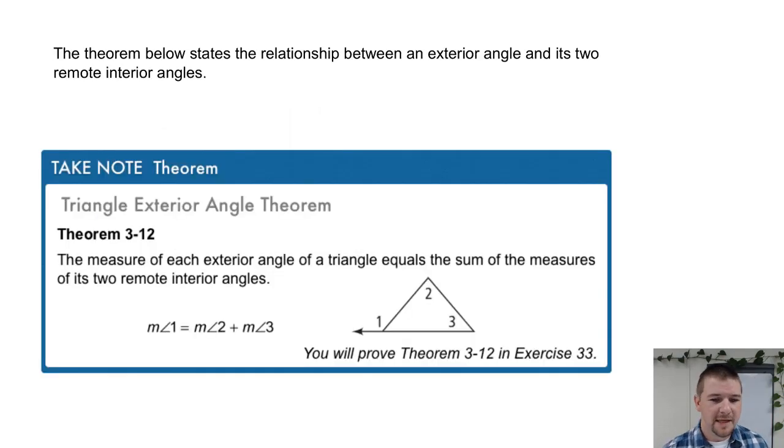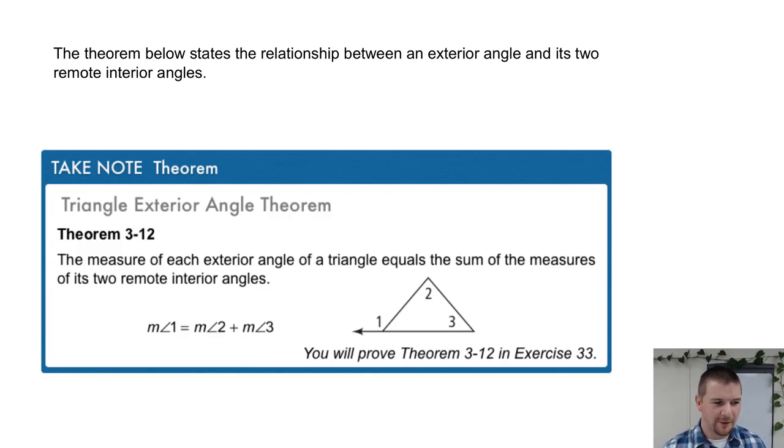The theorem below states the relationship between an exterior angle and its two remote interior angles. Again, you should take a screenshot of this. Theorem 3-12, nicknamed the triangle exterior angle theorem. It states the measure of each exterior angle of a triangle equals the sum of the measures of its two remote interior angles.